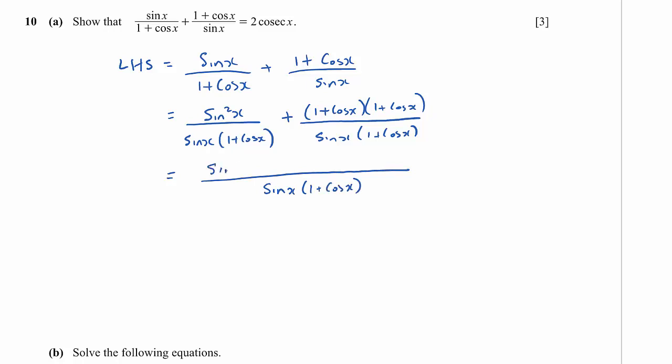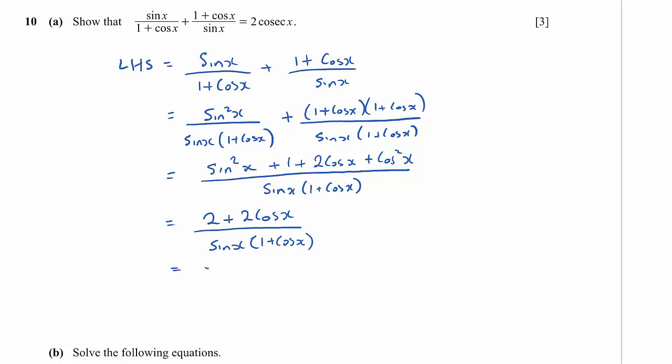And that gives me sine squared x, and then expanding the bracket, plus 1 plus 2 cos x plus cos squared x. Now we know that cos squared x plus sine squared x is 1. So cos squared plus sine squared is 1, add this one is 2. So I've now got 2 plus 2 cos x over sine x (1 plus cos x).